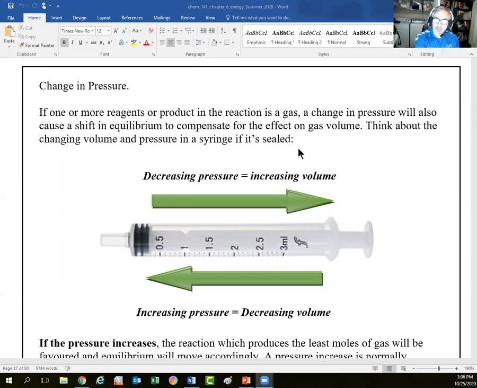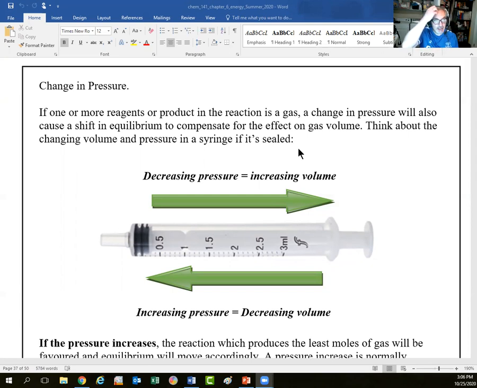So a drop in temperature favors the exothermic reaction. We said that an addition of a catalyst doesn't change the position of equilibrium because it's lowering the energy of activation for both the forward and the back reaction. So we reach equilibrium faster, but equilibrium does not change.